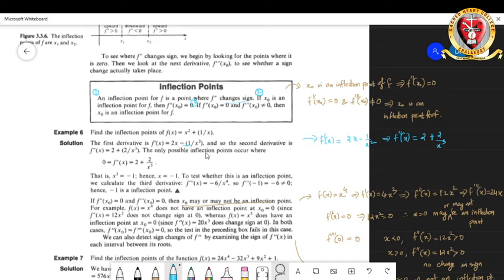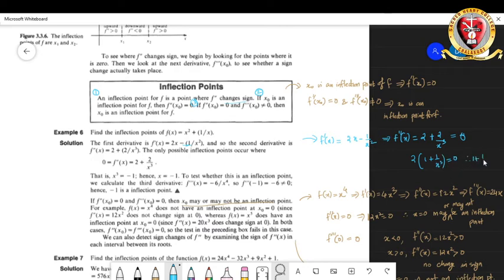So you're going to equate f double dash of x to 0 to get the inflection point. If this is equal to 0, you can take 2 out. So you get 2 into 1 plus 1 by x cube is equal to 0.